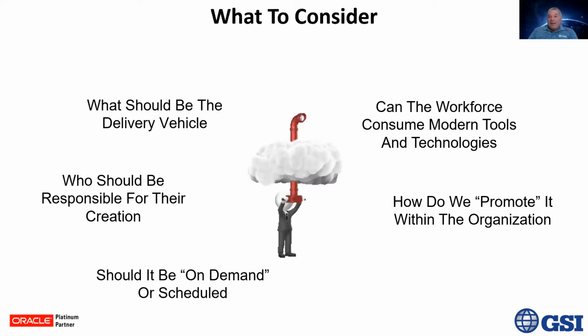Should it be on demand? Should it be scheduled? And I'm going to show you a little later when we create one, the fact that everything you create, even though you open it up and it's, quote, now static, there's a refresh button so that if Tom is sitting there in front of his dashboard and I haven't done anything in 30 minutes, I can just refresh the data and see the most relevant data.